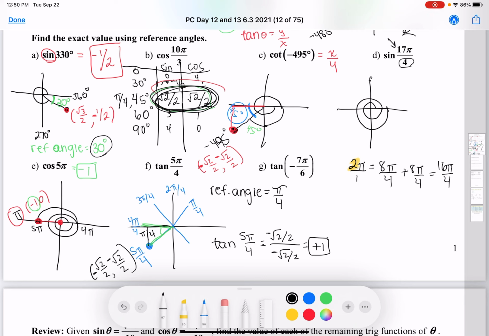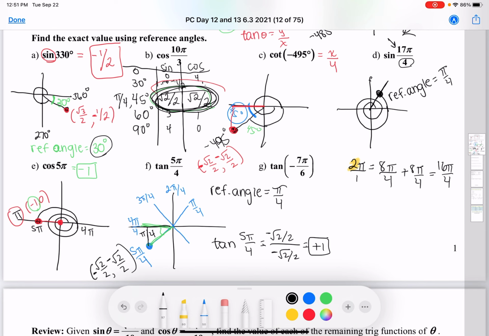Well, pi over 4, just one more from where I'm at, will land right there. Okay, so 2 full rotations, and then I had to do 1 more pi over 4 to get to 17 pi over 4. And so I know I'm going to use the reference angle of 45 degrees, or in other words, pi over 4. I'm just simplifying ref angle for reference angle.